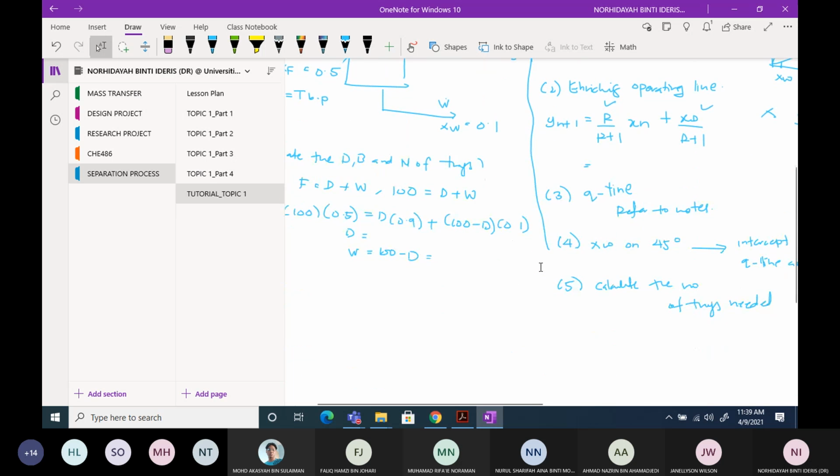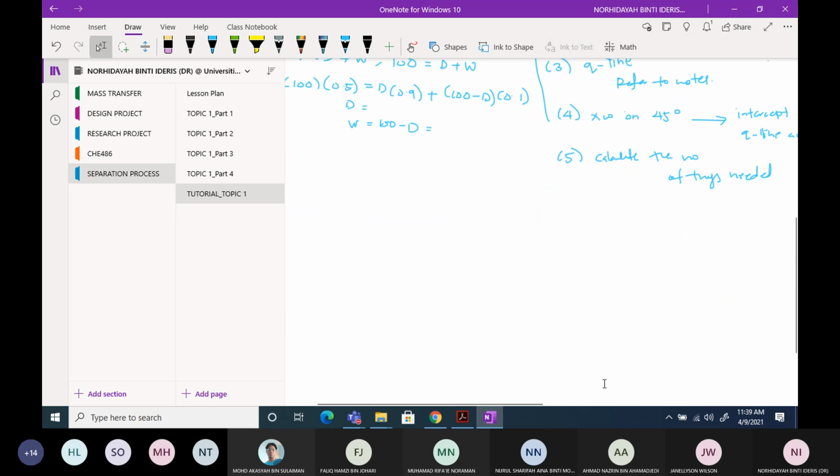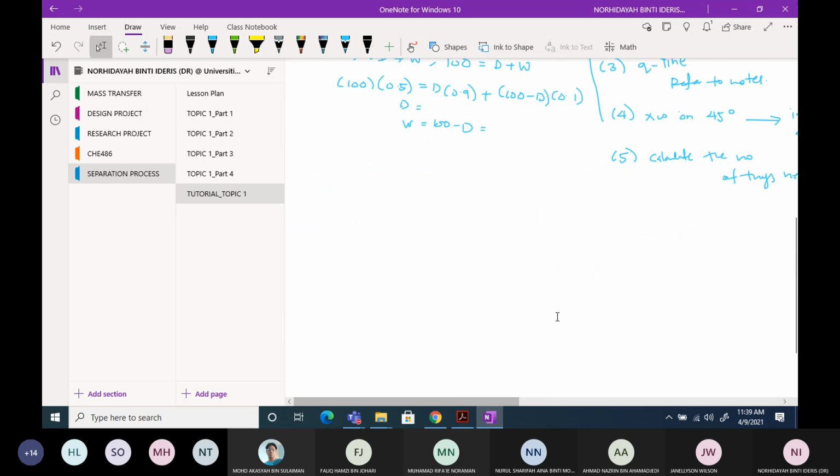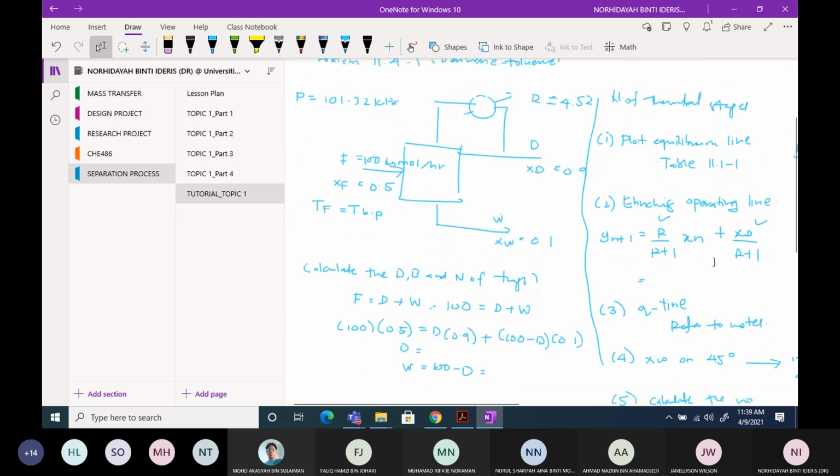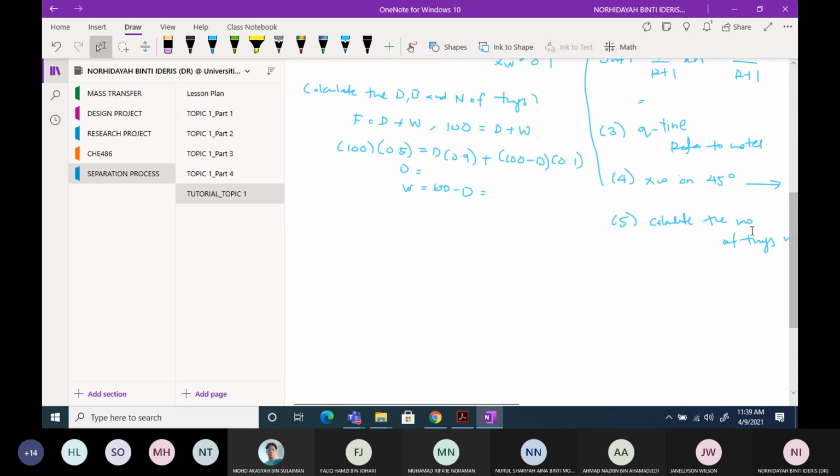And for 11.4-2 it is the same thing, but you are talking about a different system. We'll leave 11.4-1 for a moment. By right, if you look inside the book, the answer for D is actually 50 kilogram mole per hour.